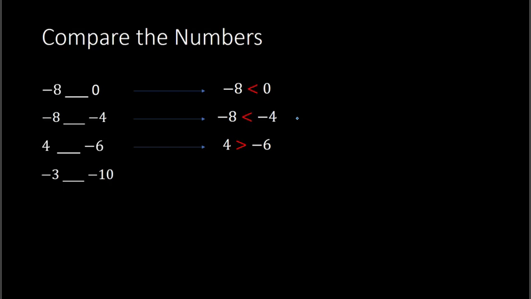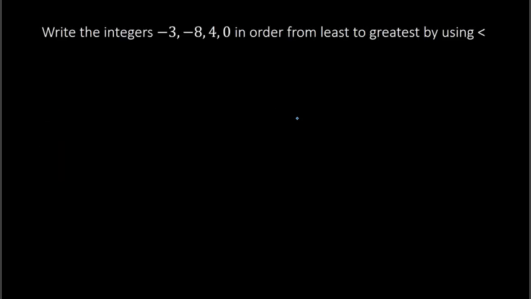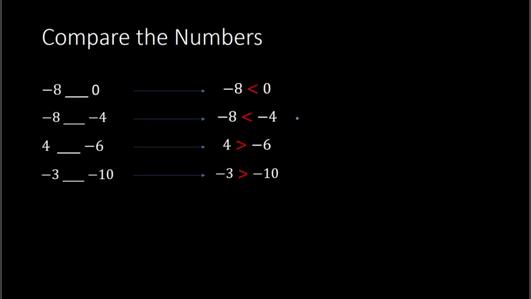Which number is bigger? Well, -3 is bigger because -10 is more negative, making it smaller. So our symbol would have the mouth facing the -3. Your symbol would look like this, and in English we would say -3 is greater than -10.